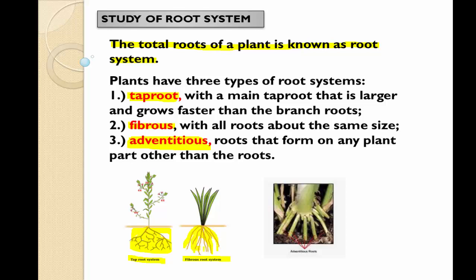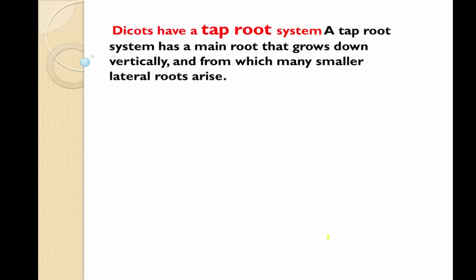This second image represents fibrous root system, and here are the adventitious roots. So these are the 3 main types of roots which are present in different angiosperms.